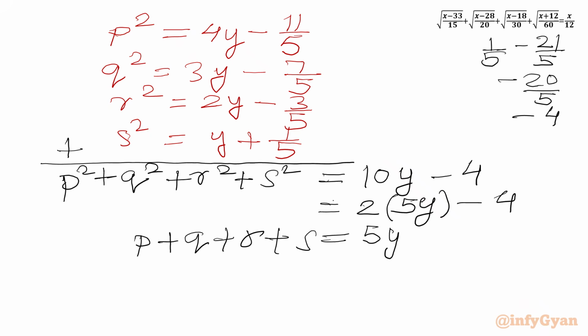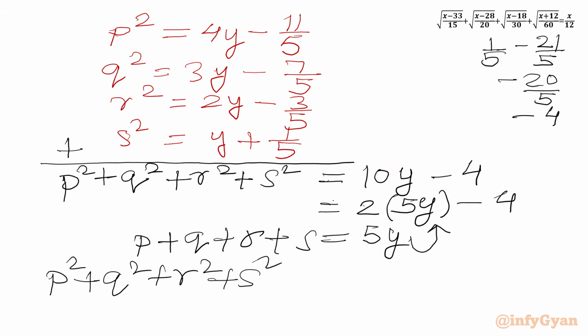Now I will replace 5y by p plus q plus r plus s. So we will write p square plus q square plus r square plus s square in the LHS, and in the RHS we will write 2 times p plus q plus r plus s minus 4.